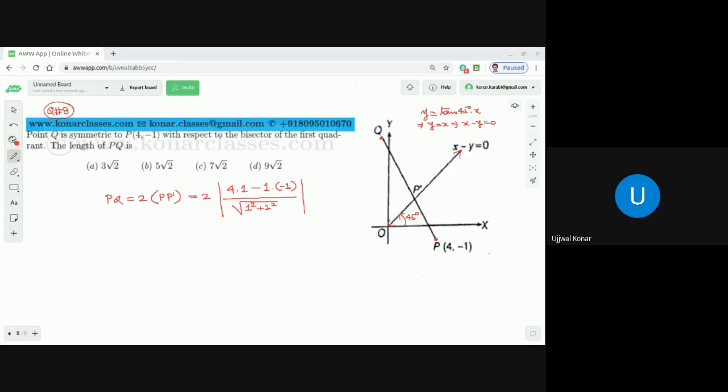So 5 by root 2. So from here what we can get is that PQ is equal to 2 into 5 by root 2.